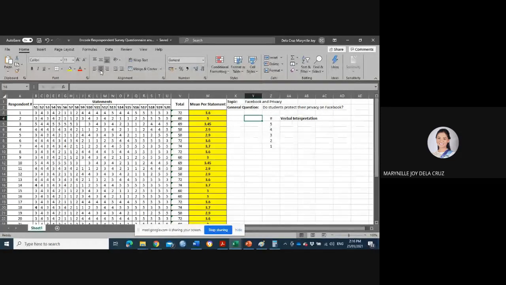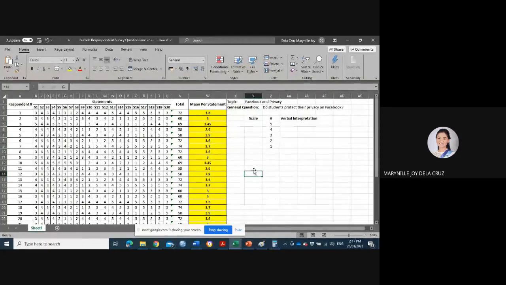And this one will be your scale. What is scale? When you are talking about scale, it is to determine the class interval of these 5 to 1. How are you going to create an interval for that?